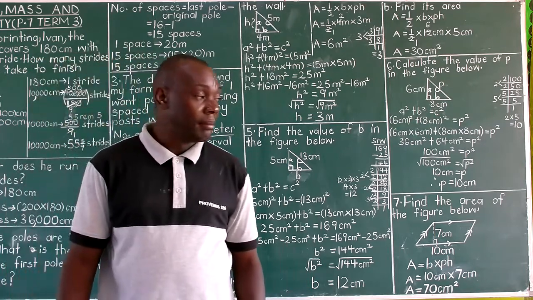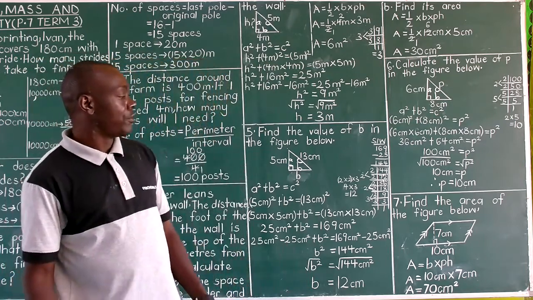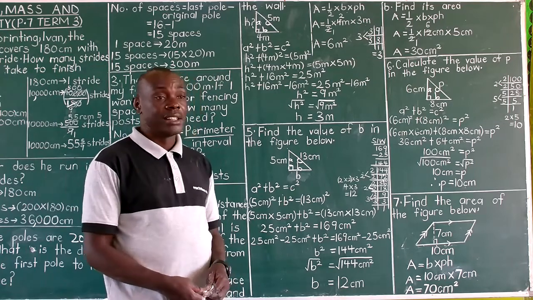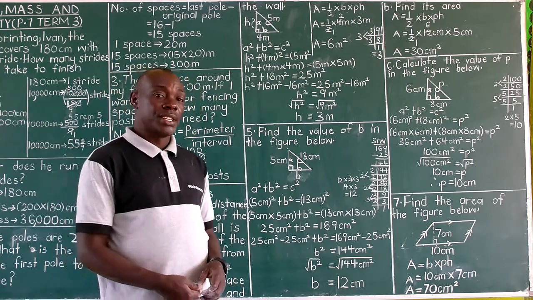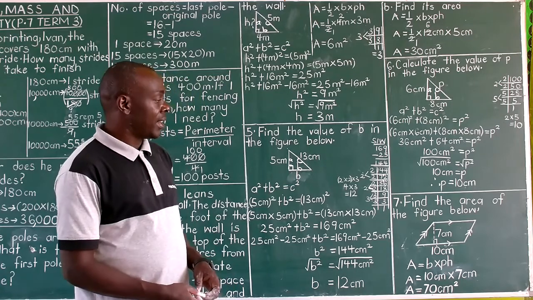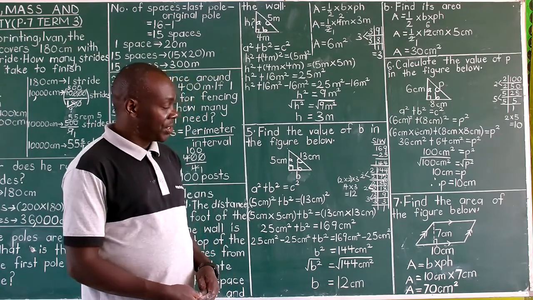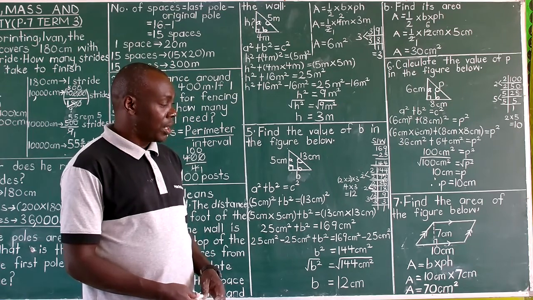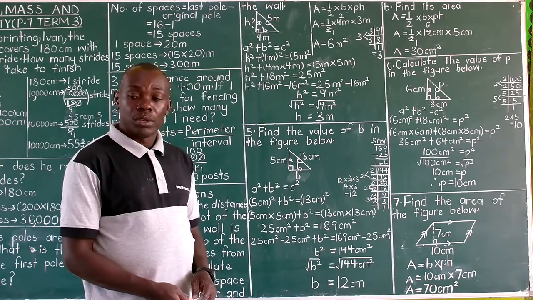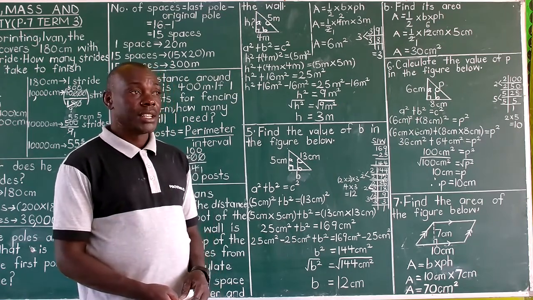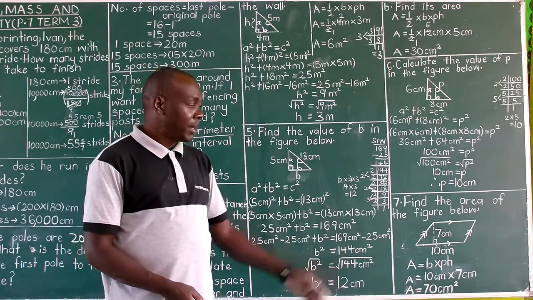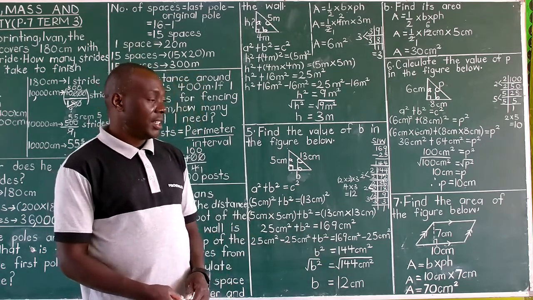You must then master the formulae for finding the area of different shapes, like we analyzed in the previous classes. Please ensure you know how things are done. So even the previous term, that's term 2, we talked about such areas.